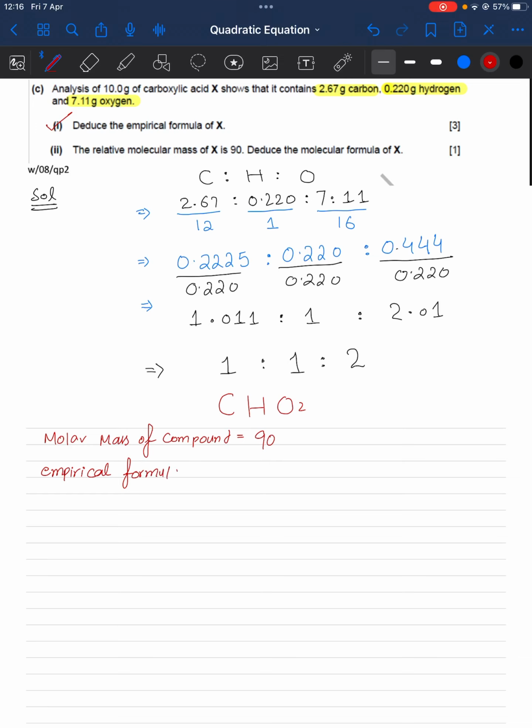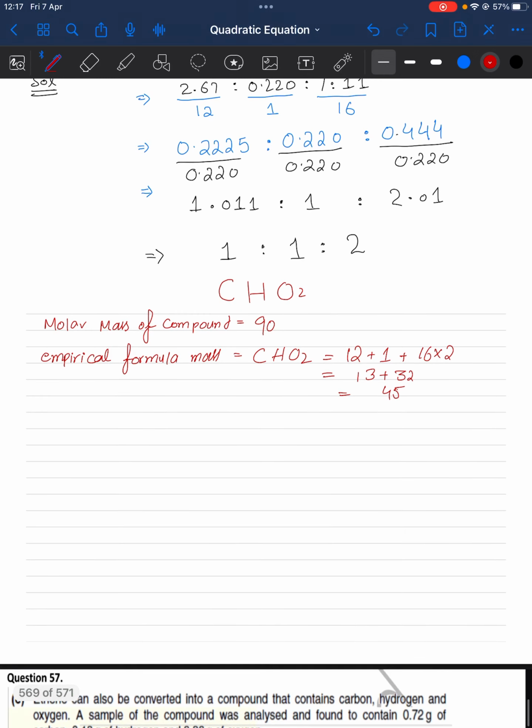Empirical formula mass is equal to CHO2, which will be equal to 12 plus 1 plus 16 into 2, because we have 2 oxygen. So it will be 13 plus 32.